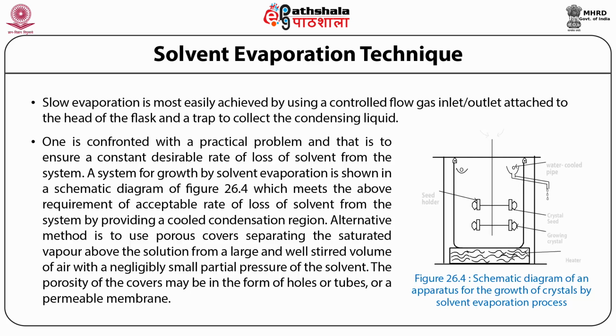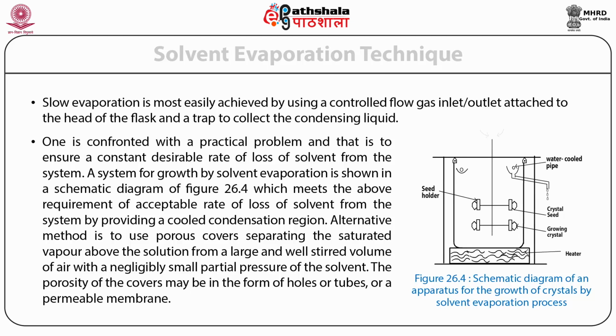Alternative method is to use porous covers separating the saturated vapor above the solution from a large and well-stirred volume of air with a negligibly small partial pressure of the solvent. The porosity of the covers may be in the form of holes or tubes or a permeable membrane.